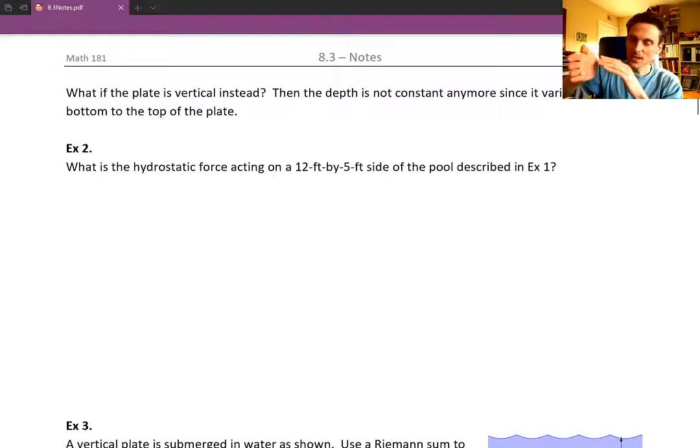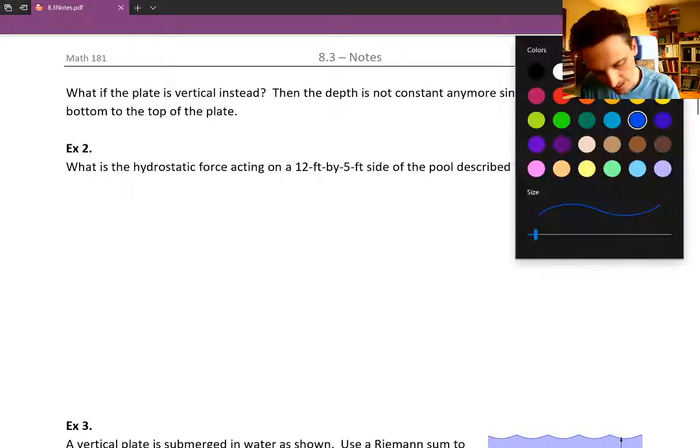So it's like we're taking our thin vertical plate and chopping it up into horizontal strips, where on each strip the depth we can take to be constant. It's approximately a constant depth, and the more subintervals you use, the closer that approximation is true, the closer you are to having a constant depth for each strip.